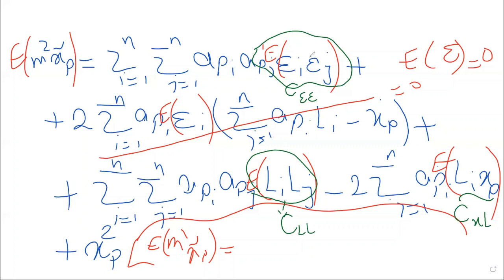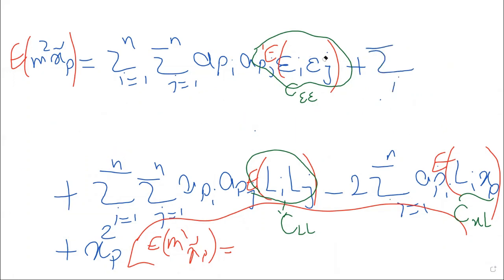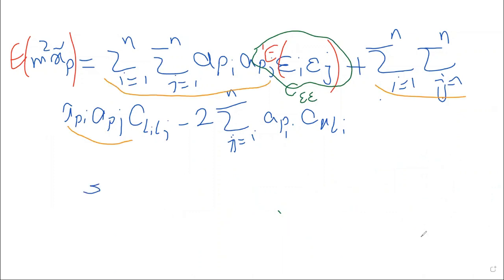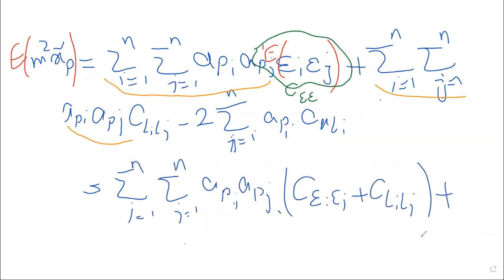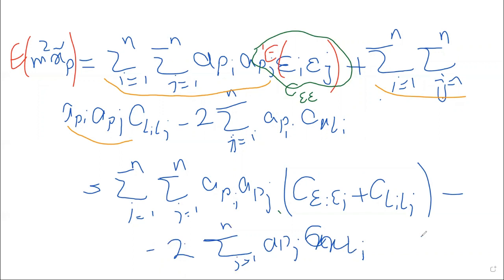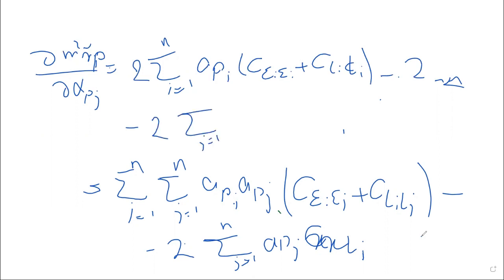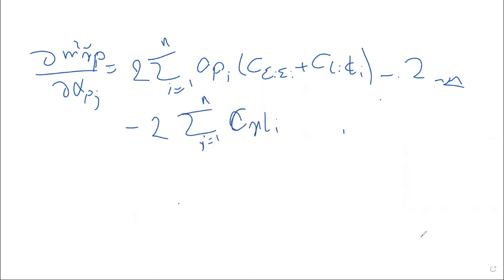In this case, I will get, okay, let us continue. Let me write this equation again in another form. So the derivative of this should be equal to 0.